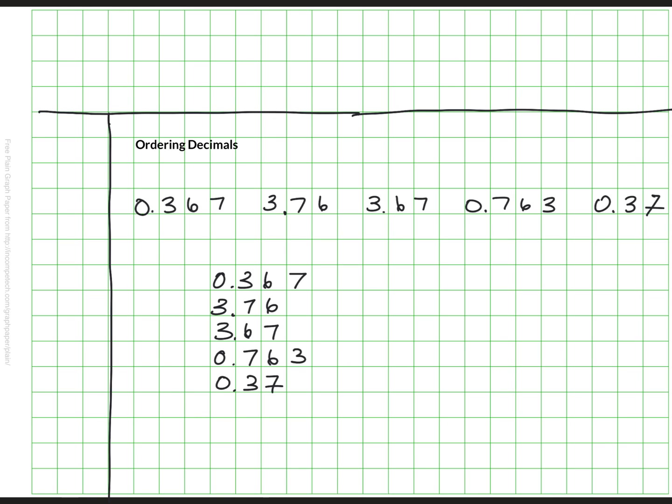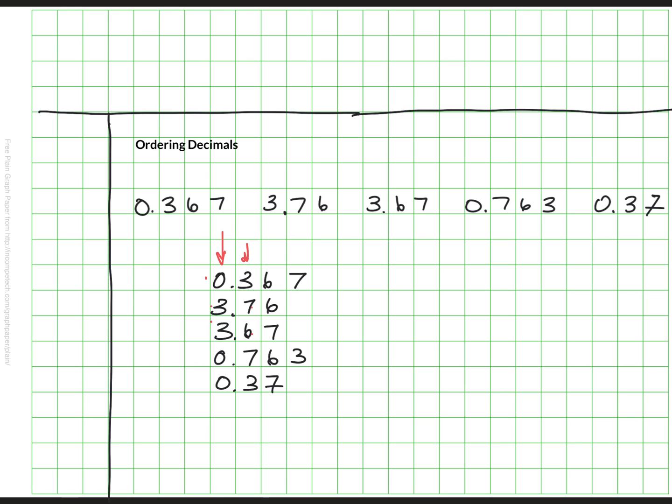And so I have these all lined up, and I think I'll just start with looking for the largest. So I'm going to start on the left, in this column here. And I can see that that's a 0. That's not very big. I have 2 3s, and then the others are 0. So I need to compare these 2 3s first. I know that they're going to be 2 of my largest. So I'm going to look in the next column and say, oh, well, this 7 is bigger than this 6.